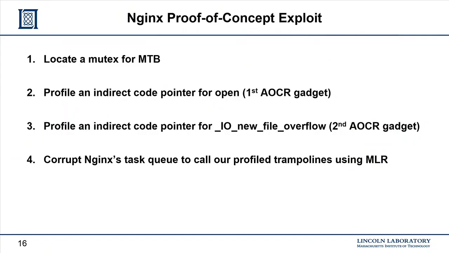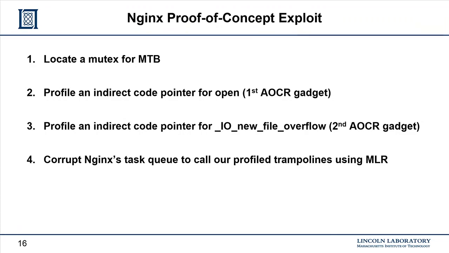We have created a proof of concept exploit against Nginx. There are many details involved in it, so I refer you to the paper for all the details. At a very high level, there are 4 steps in this exploit. We locate a mutex in Nginx that can be used for malicious thread blocking. And then we profile an indirect code pointer for function open.